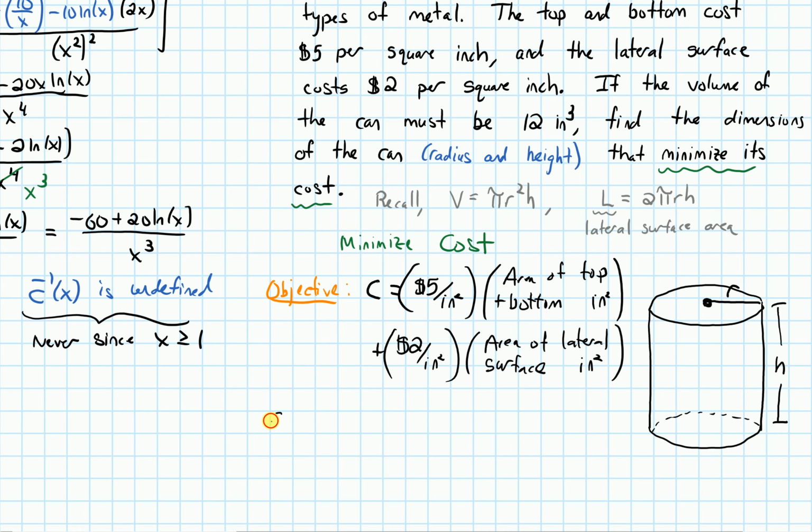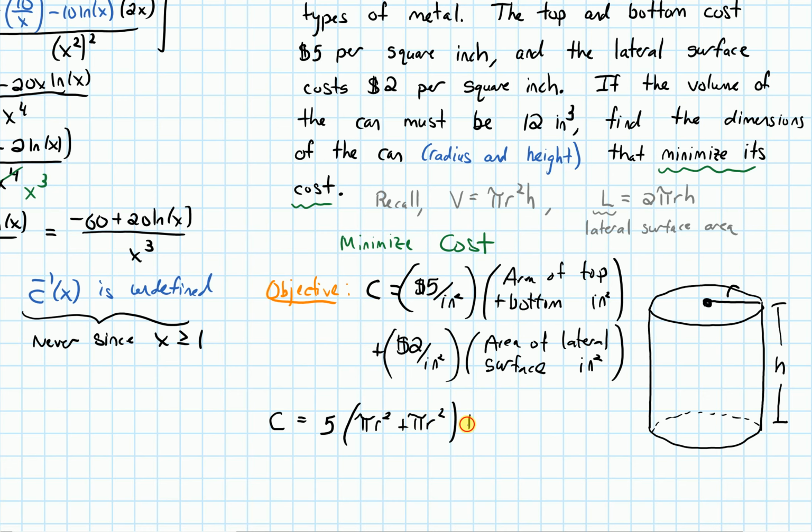Let's plug in for these areas. The cost equals 5 times, and at this point I'm going to stop writing the units and focus on the numbers. The area of the top is pi r squared, the area of that circle. The area of the bottom is also pi r squared, because it's a circle with the same radius.